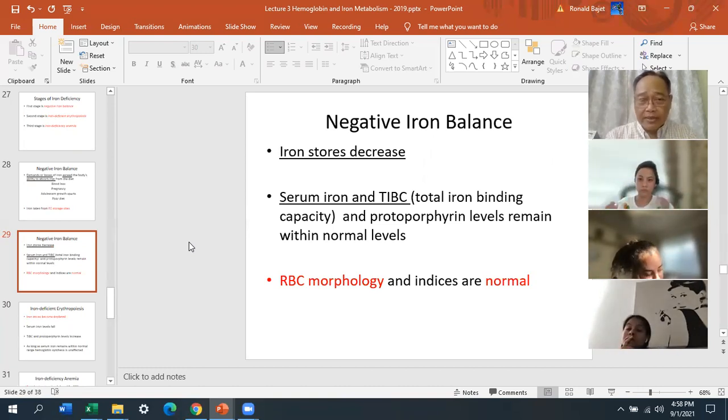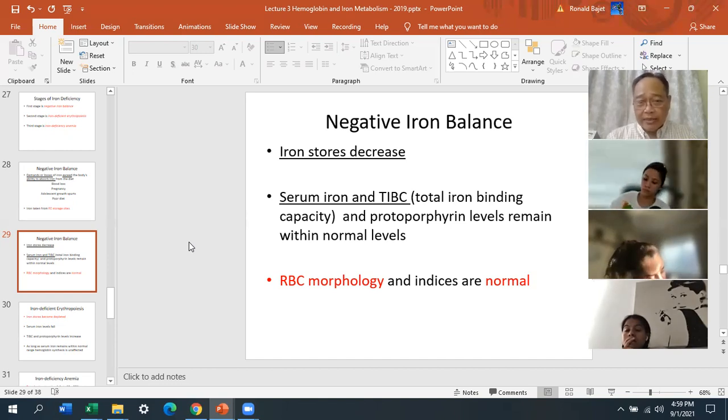So by doing chemistries, you can do an iron level. It may be a little bit low. So you draw blood, you're feeling a little tired, just a little bit tired. You draw iron and iron binding capacity, the TIBC. You're going to get normal levels, but your iron deficiency process has already started.